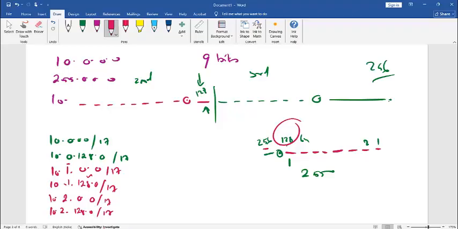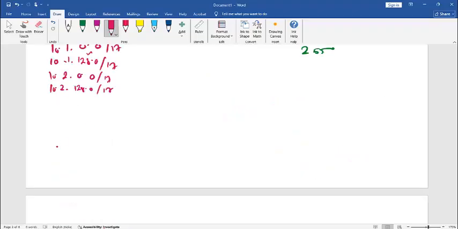Then I'll write the last 4. See, when all the borrowed bits in this octet are 255 and then 128, these are all the borrowed bits. Now we don't use this. We go higher by subtracting.